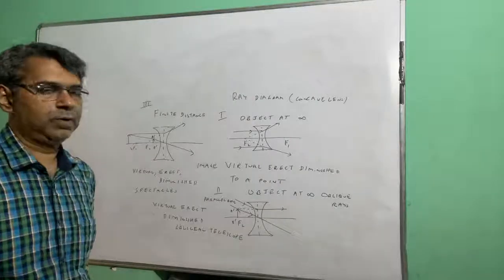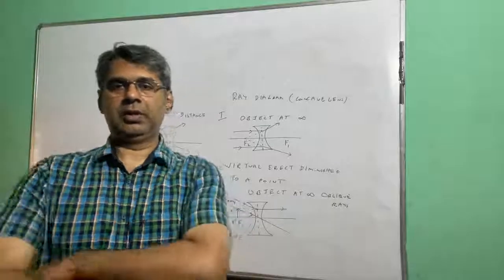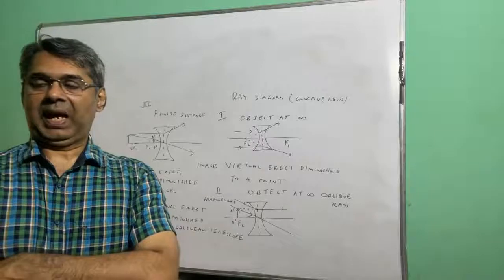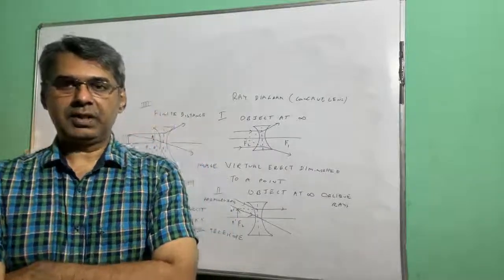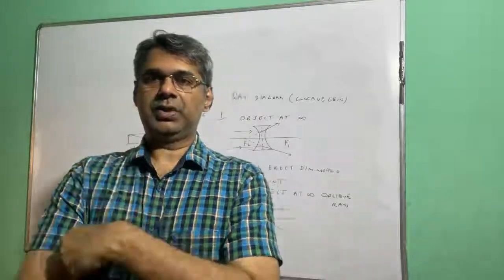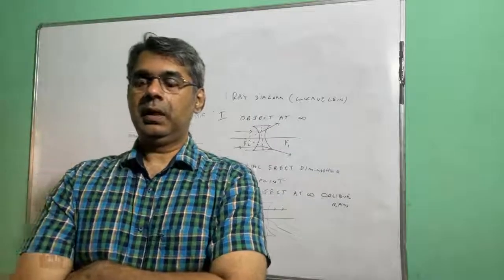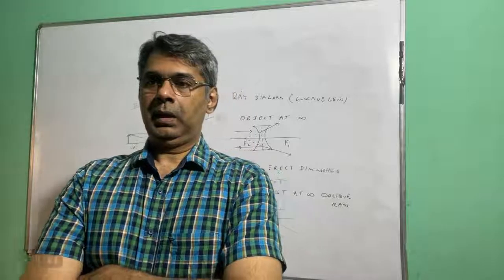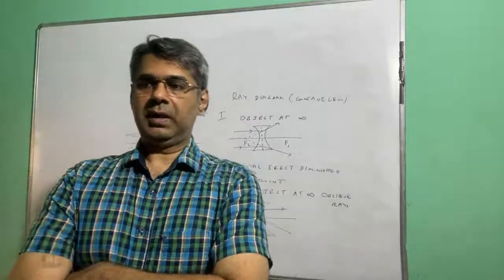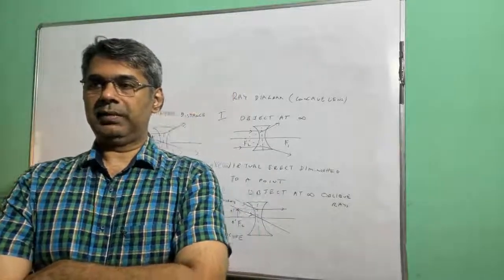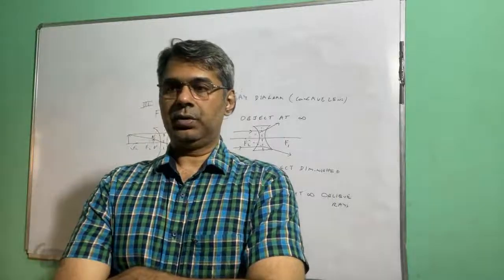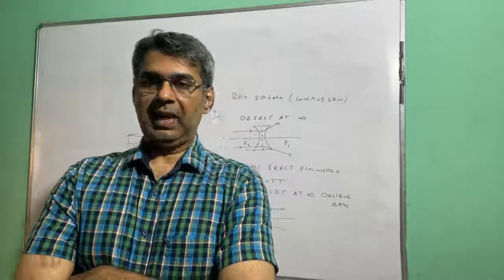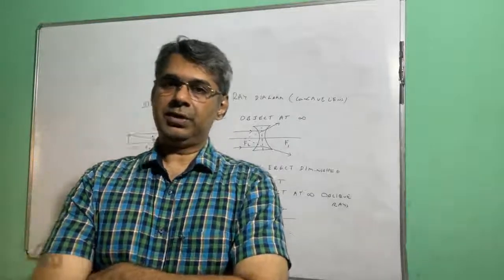I am giving all of you only one homework question. The question is: as an object moves from infinity close to a concave lens, how does the size and position of the image change?